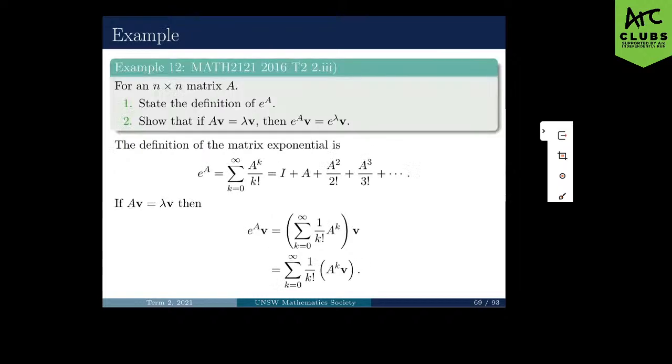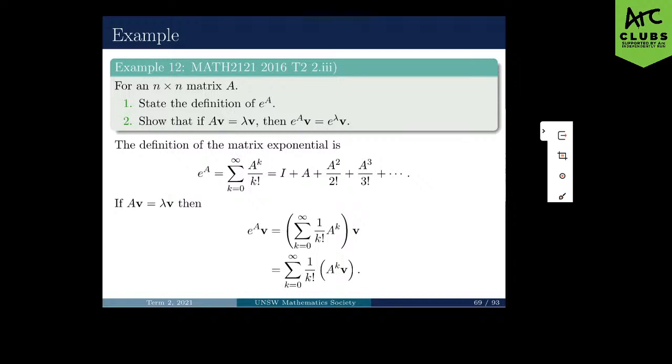So now let's talk about an example that uses the definition of matrix exponentials. First question, they asked us to state the definition. Well, we just looked at that like 5 seconds ago. Hopefully you didn't forget. So it's just a Taylor series expansion once again. But this is the more interesting question.